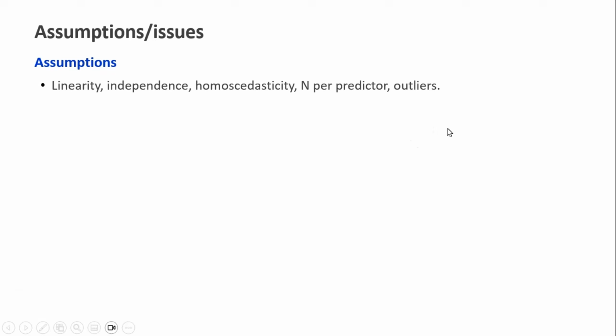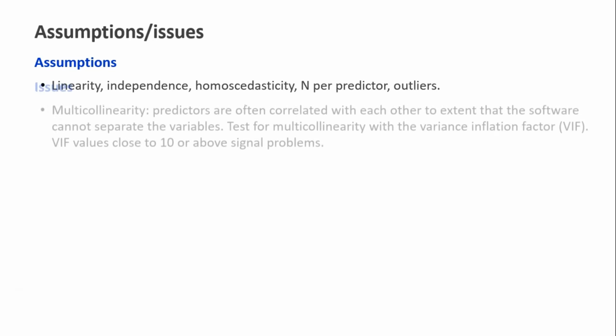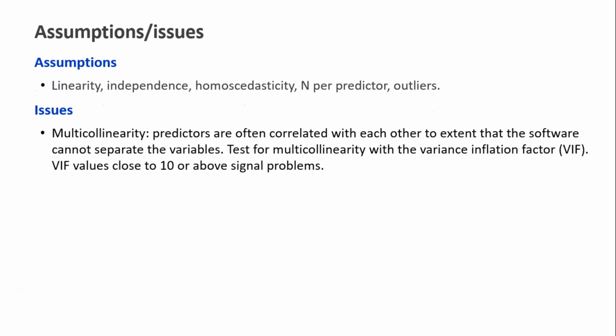And then there's one additional important issue that comes up with multiple regression, and I talked about it on the last couple slides, and that has to do with the notion that those X variables are correlated with each other. That creates a kind of problem.